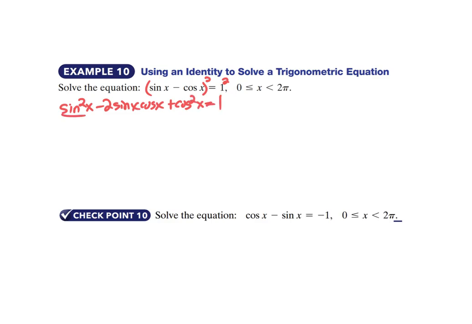Now, I know that sine squared of x plus cosine squared of x equals 1, so I have 1 minus 2 sine of x cosine of x equal to 1. If I subtract 1 from both sides, I'll get a negative 2 sine of x cosine of x equals 0. I can get rid of that negative and divide by 2. So I can divide both sides by 2.